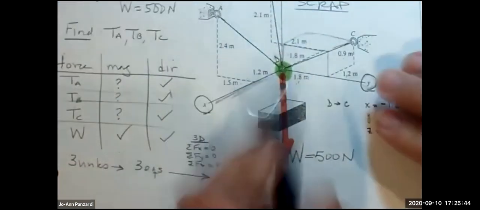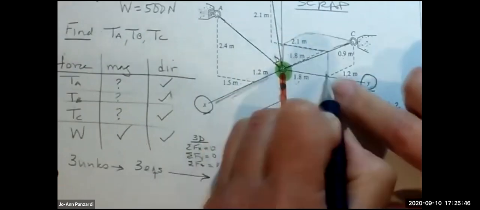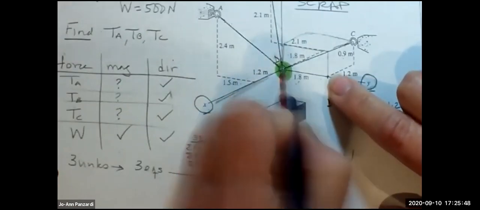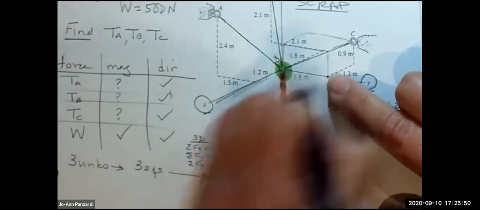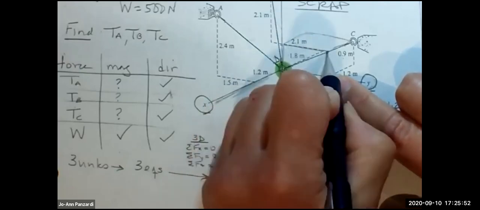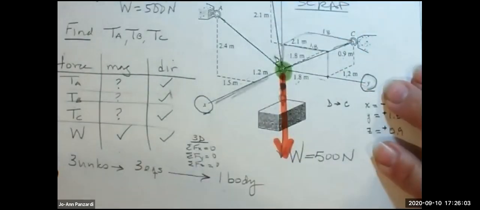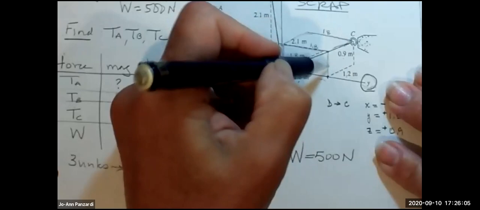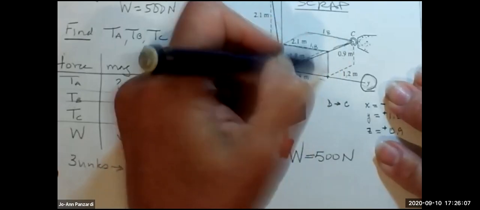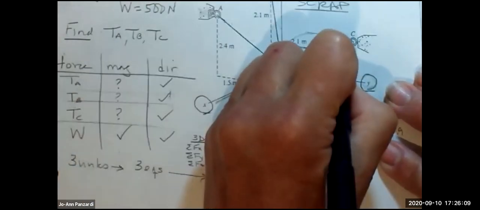Okay, you guys, take a look at this. I had the 1.8 and the point went from here to here. So I drew a line that was parallel off of here, and then I also drew a line that was parallel off of here, because 1.8, it's all going in the Y direction. Then I drew a line parallel to the 0.9.